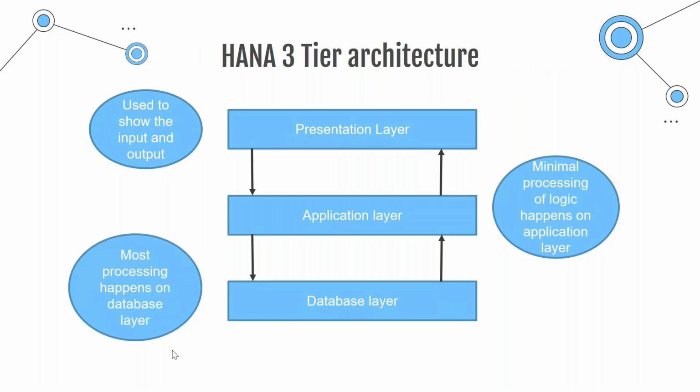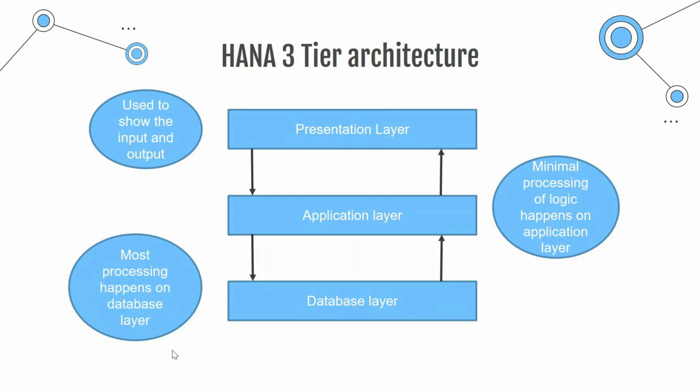So when we talk about the difference between ECC and HANA architecture, HANA is the new upgraded version of SAP, and ECC is the older version. S4 HANA is the new upgraded version of SAP. Okay, so the primary difference you see in terms of architecture is that the layers remain the same, and the functionality more or less remains the same.